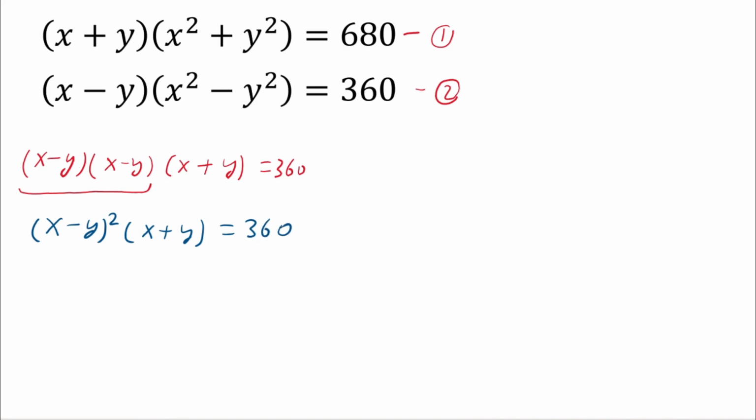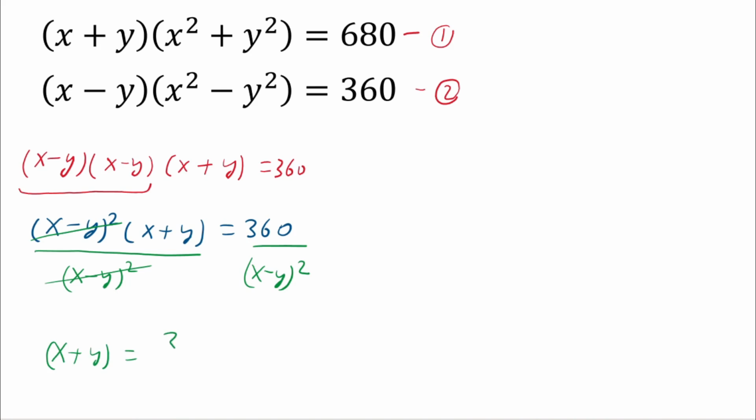If we divide both sides by (x − y) whole square, then this and this cancel out, and the value of x + y is 360 over (x − y) whole square.